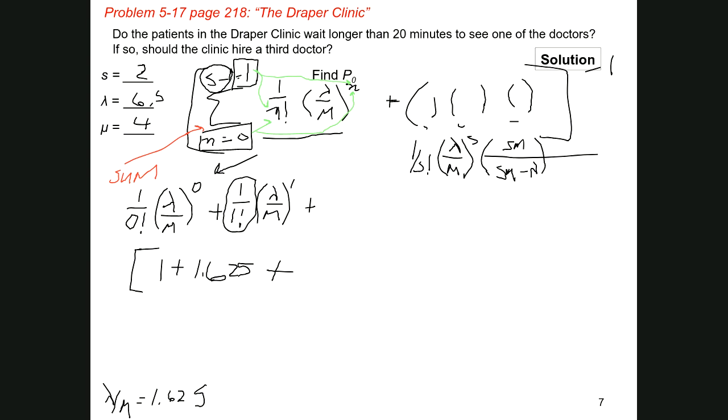1 over s factorial is 1 over 2 factorial, times lambda over mu, this term squared, times the numerator, which is s times mu, which is 8, all divided by 2 times 4 minus 6.5.